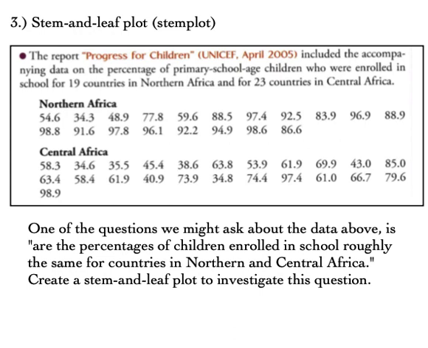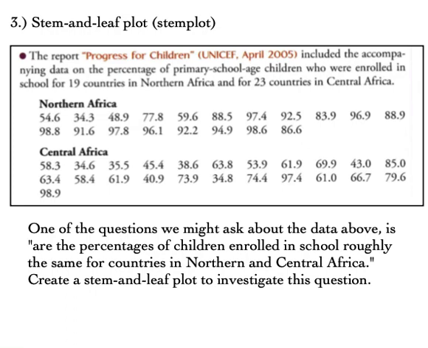And if there are huge differences, then what might be some policies or funding or support structures to make those things a little bit more equal, or to bring some countries up to where the other ones are? So we're going to create a stem and leaf plot to investigate that question. Essentially, how do those two regions in Africa compare to each other?